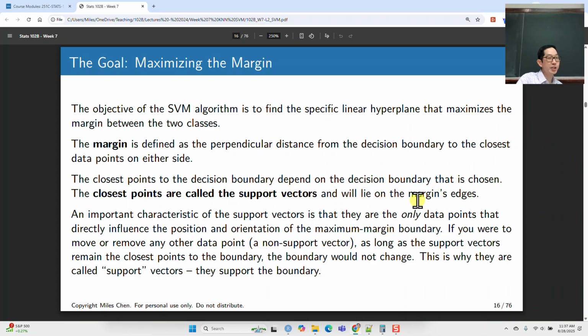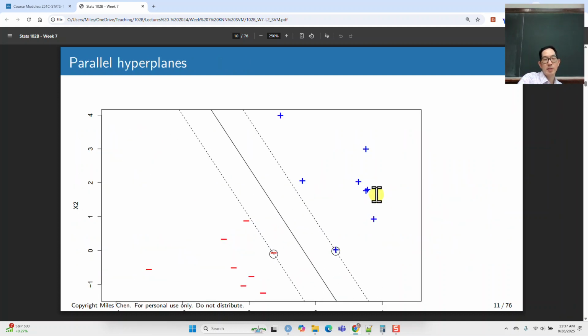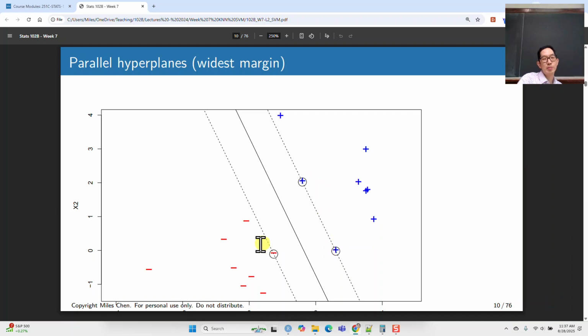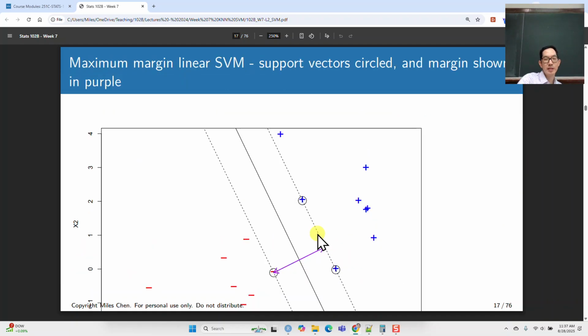Those points that are on the margin's edges are known as the support vectors. Once you have these 3 points, these are really the only 3 points that determine where this boundary is. We could add or take away points over here, and we can add or take away points over here, and as long as we're not putting a point inside this margin, this boundary is going to remain unaffected.